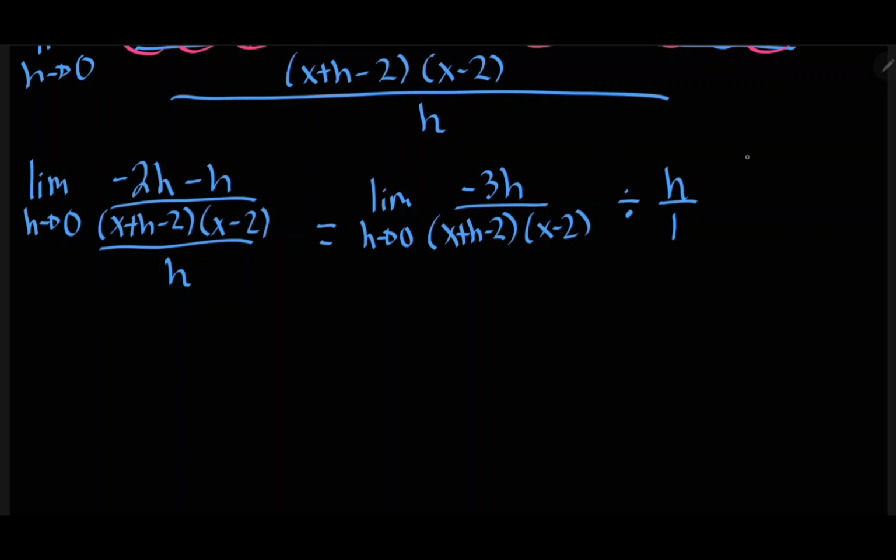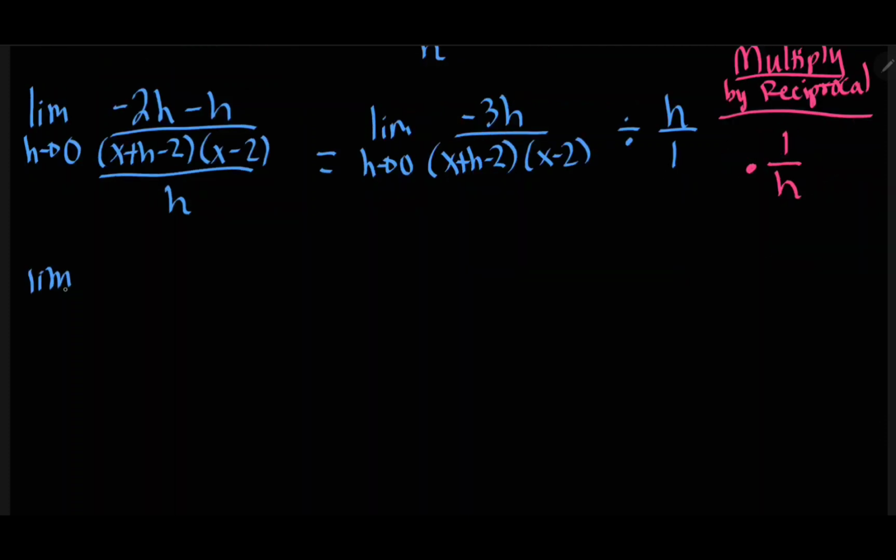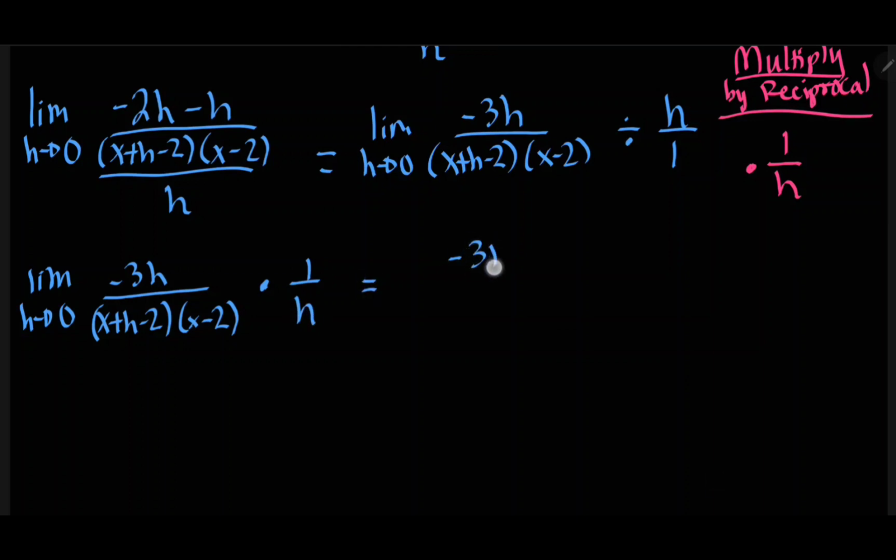Well, when you divide by a fraction, you need to multiply by a reciprocal. Well, the reciprocal of h over 1 is 1 over h. The limit as h approaches 0 of negative 3h all over the denominator, times 1 over h. I can rewrite this as negative 3h over h times our whole denominator.